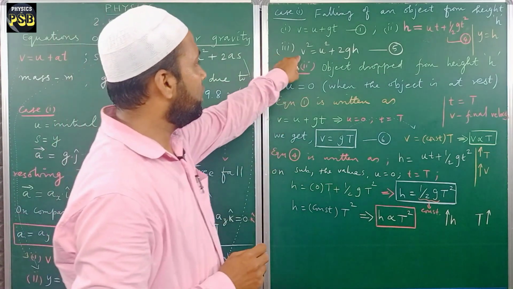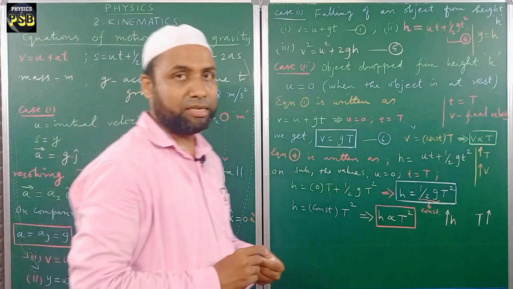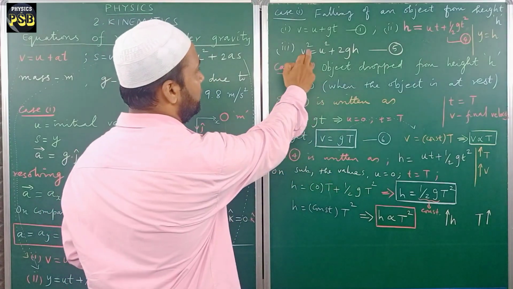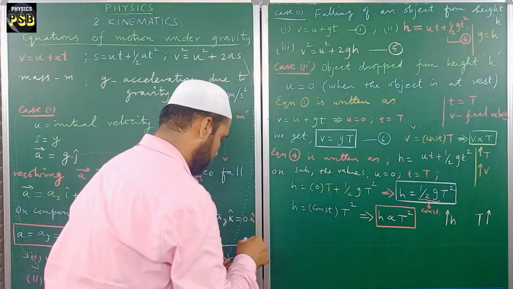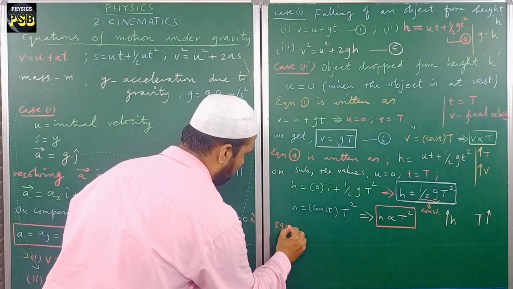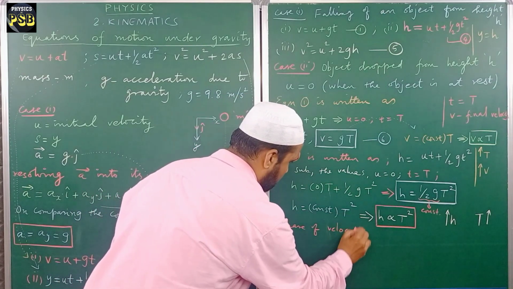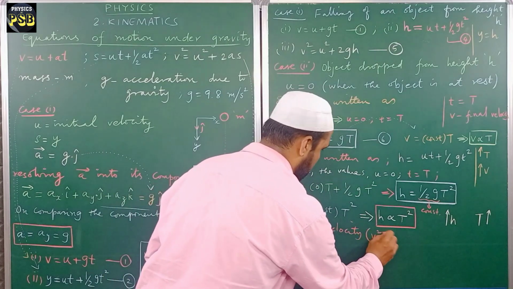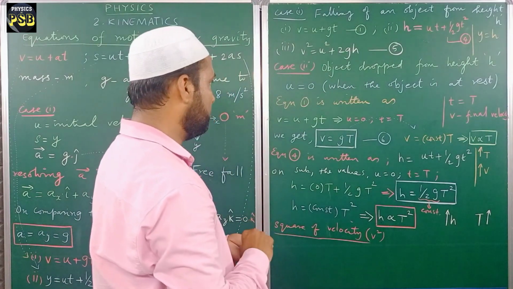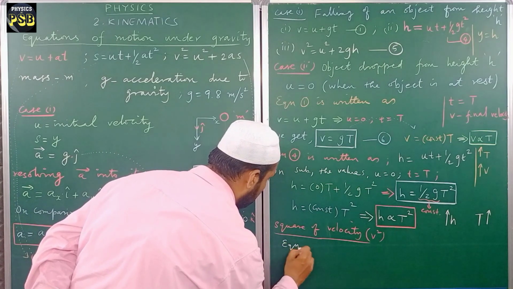Next, I will find out the square of the velocity with which the object has reached the ground when dropped from a certain height, using equation number 5. The square of velocity can be obtained using equation 5.